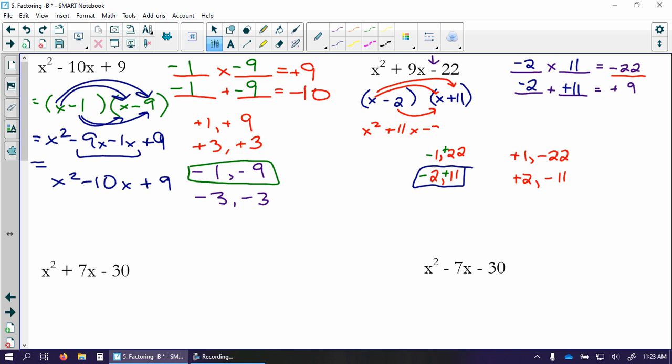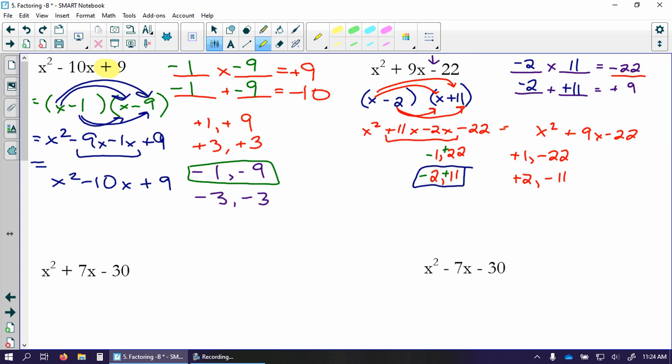Negative 2 times x is negative 2x. And negative 2 times 11 is negative 22, which when we combine our like terms, we get x squared plus 9x minus 22.